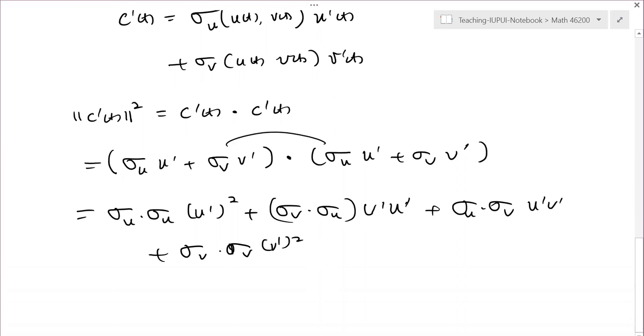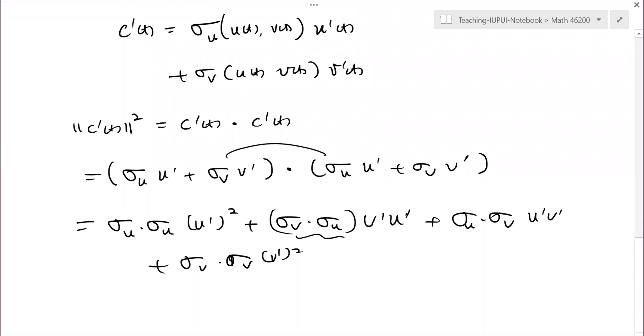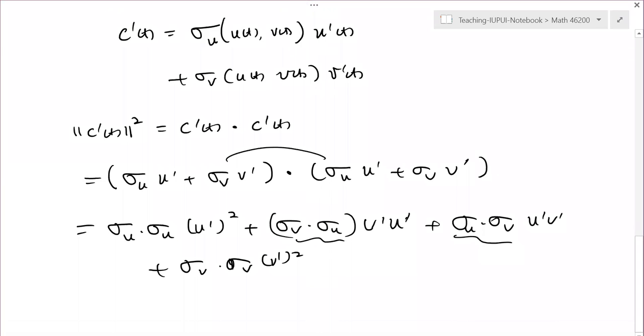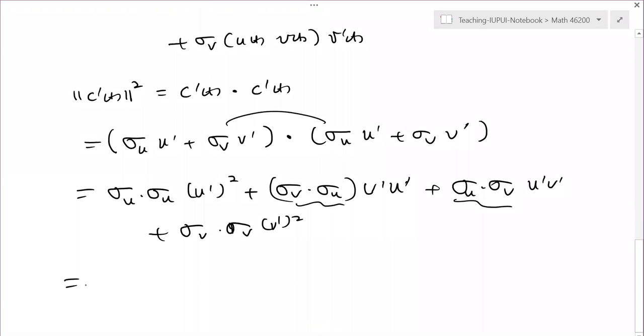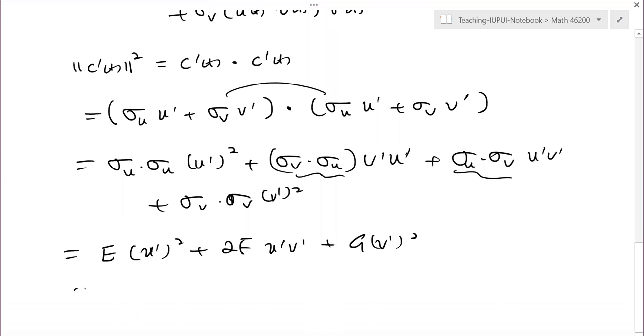All right, but those two are the same. So I can express it in the form E u'^2 + 2F u'v' + G v'^2. Now, what are E, F and G?